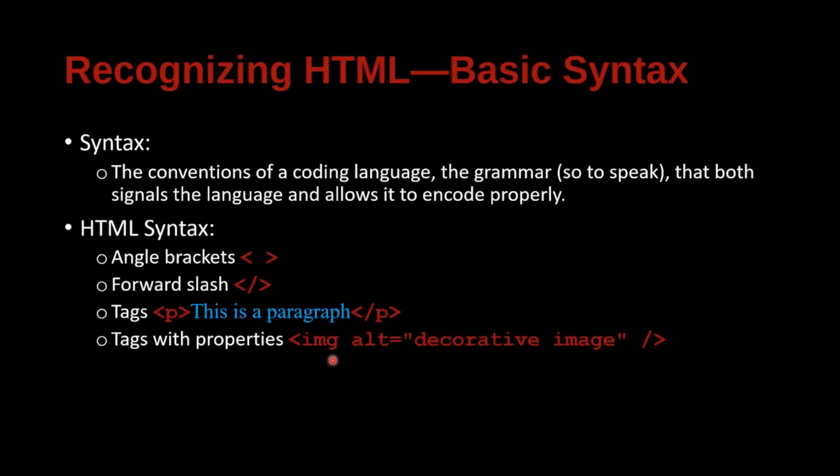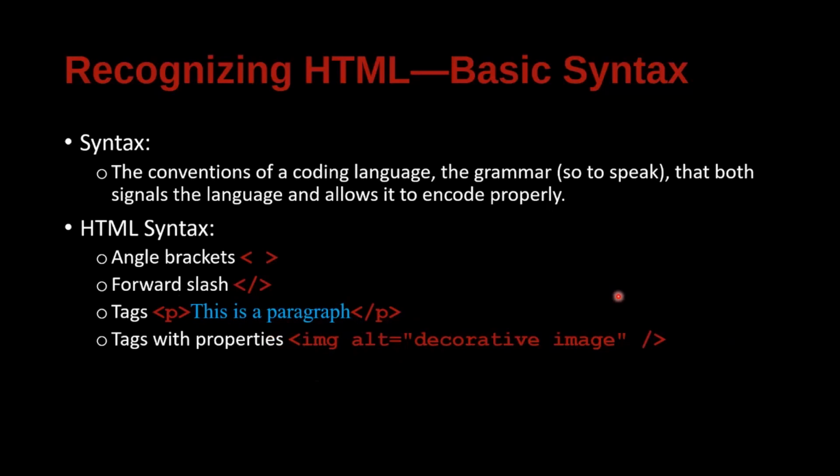So this is another type of way you might see an HTML line. It's also valid, has a tag, and the image tag, which we'll talk about later, is one of the few single tags. It doesn't have an end tag the way P does and the way most tags do. So we'll talk about the difference between single tags and tag sets of various types.